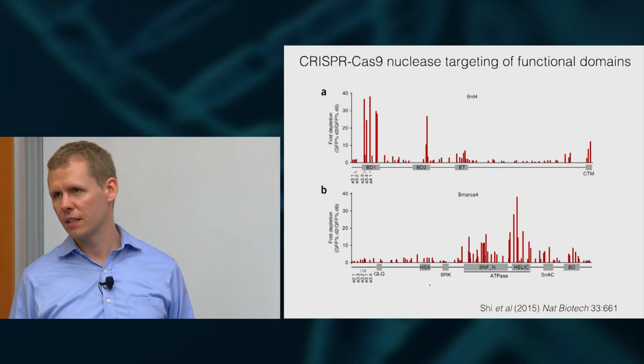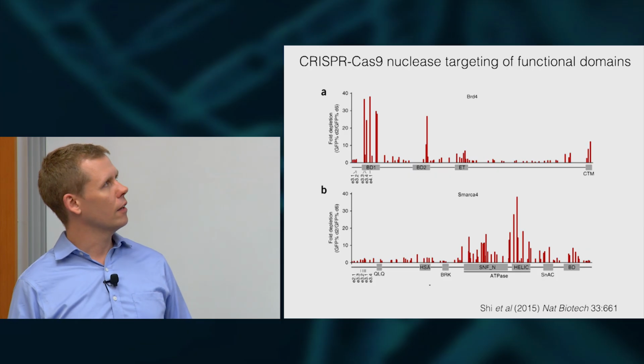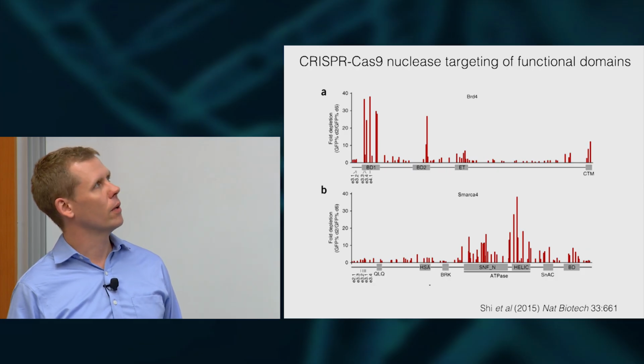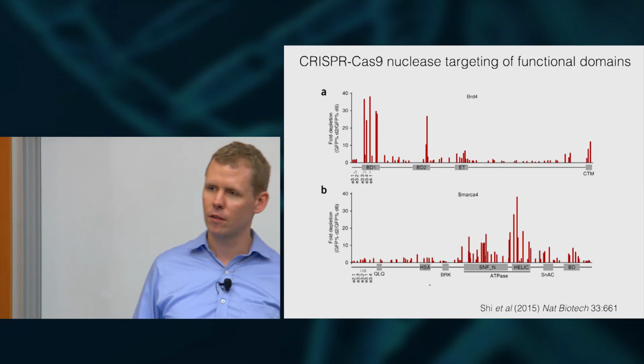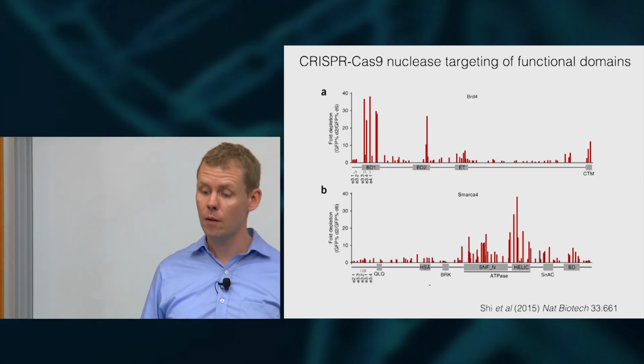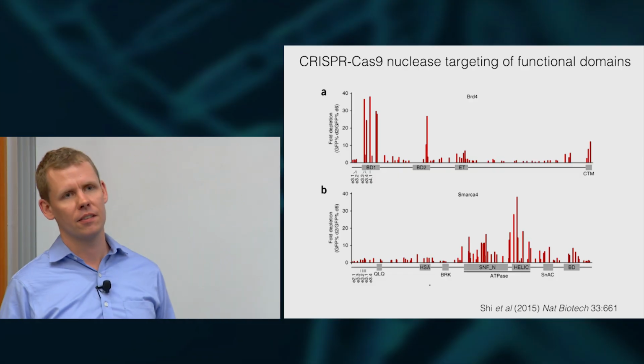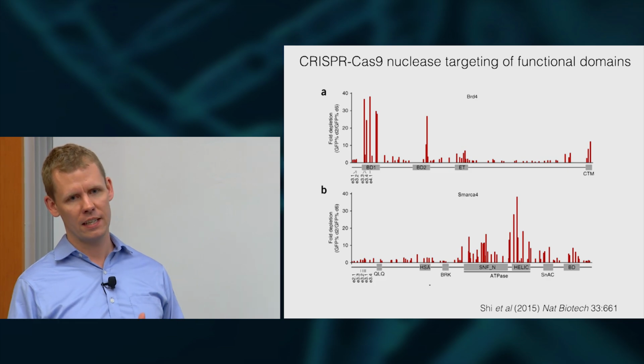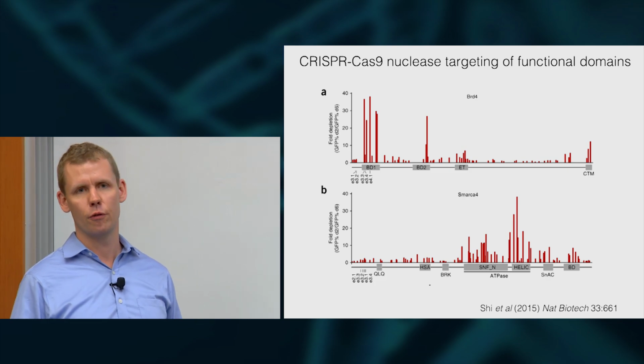It's also an opportunity. The caveat is if you're doing screens with some of the available libraries, especially the ones that are really focusing on the 5' end of genes for cutting, one thing that can happen is the fact that not all of the editing events will lead to a frameshift.